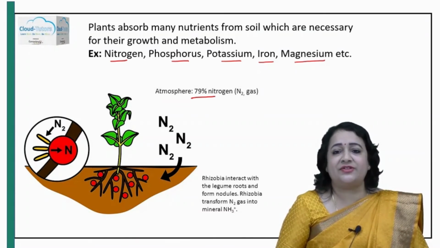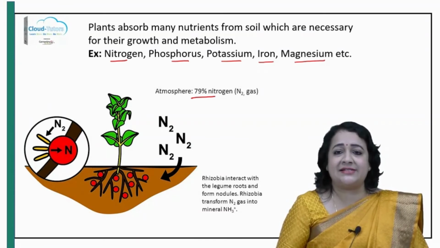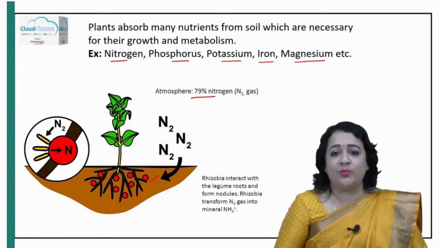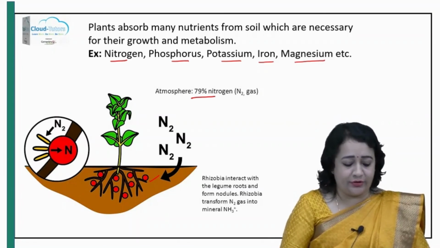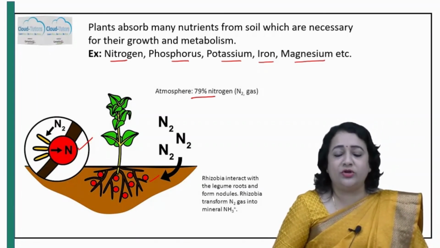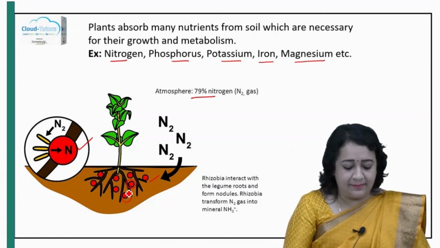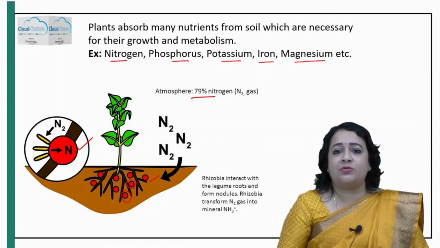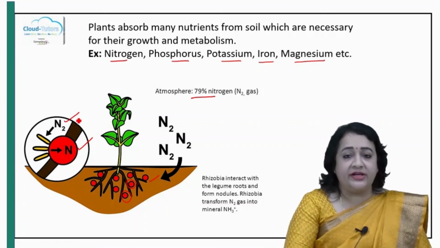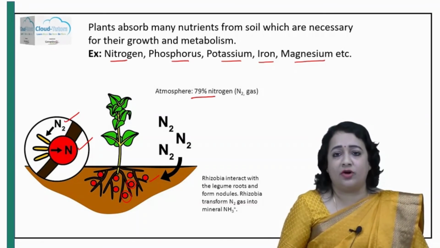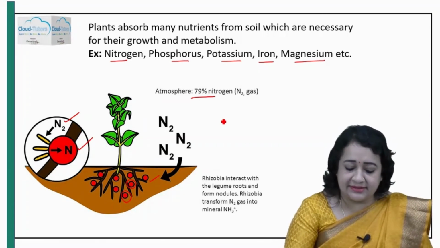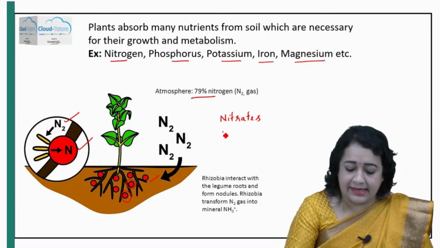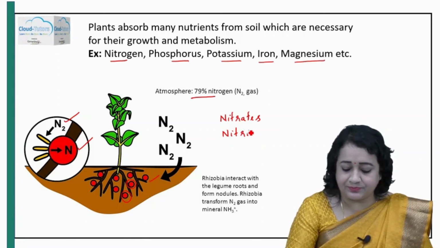This nitrogen fixation from the atmosphere is done by the soil bacteria called rhizobium, which is present in the root nodules of leguminous plants. This bacteria converts the atmospheric nitrogen, that is N2, into an absorbable form, in the form of nitrates and nitrites.